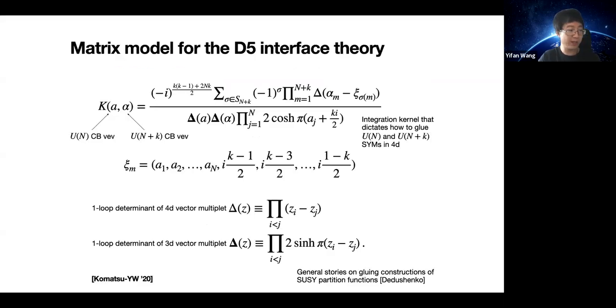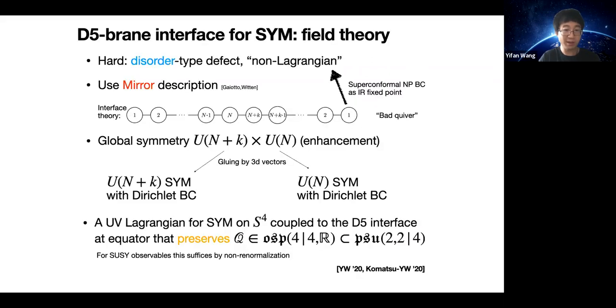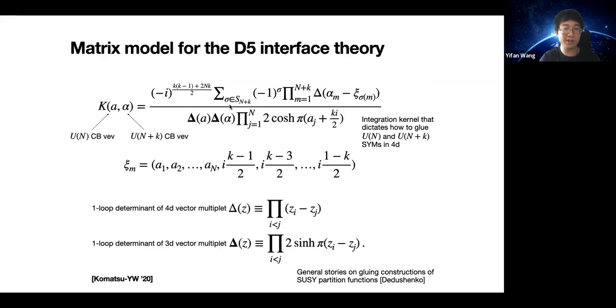So just to be a little more explicit about this interface theory, you can derive through some gluing construction a matrix model for this interface theory. This should be thought of as the 3D theory on S3, where the interface theory lives. This S3 is the equator of the S4. And by carrying out the matrix model integrations, you can derive this following expression.